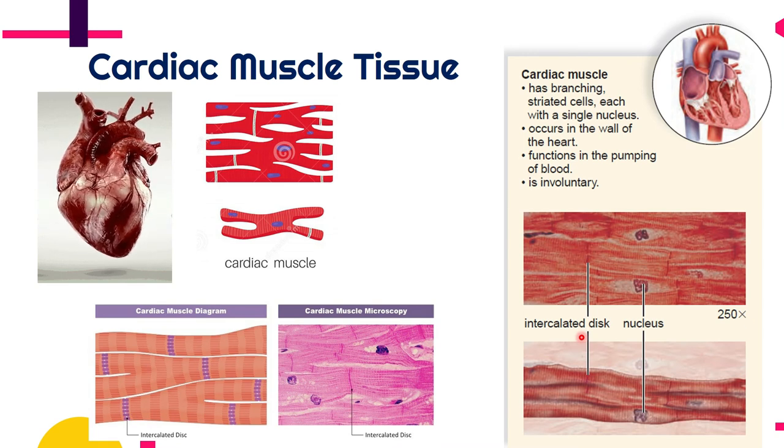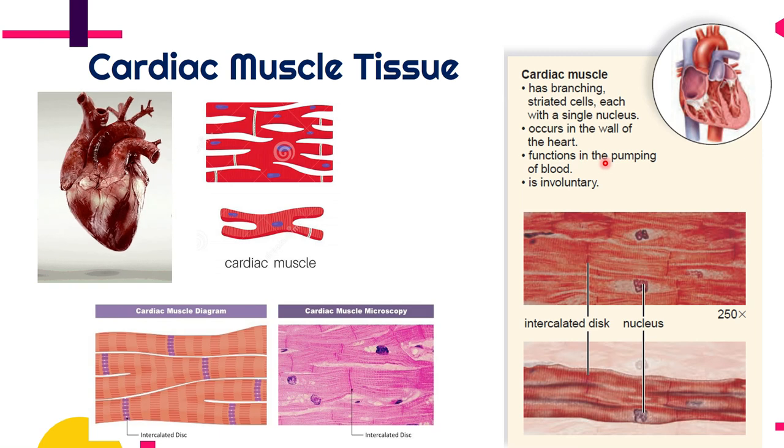muscle cell. And another significance of the intercalated disc is that this will make sure that all of the cardiac muscle cells will contract in a synchronized manner. Okay, just like this one. The function of the cardiac muscle is for pumping blood.